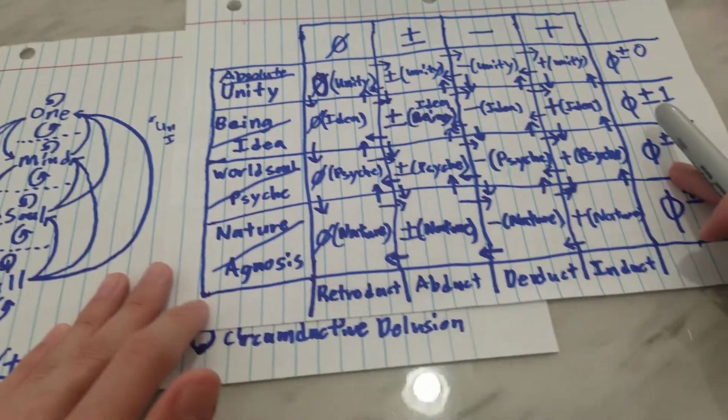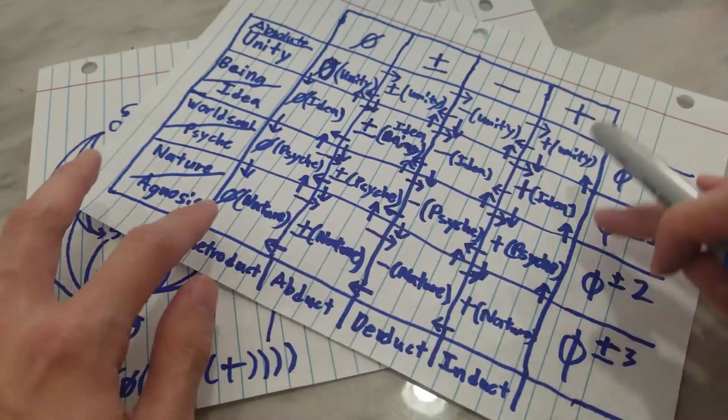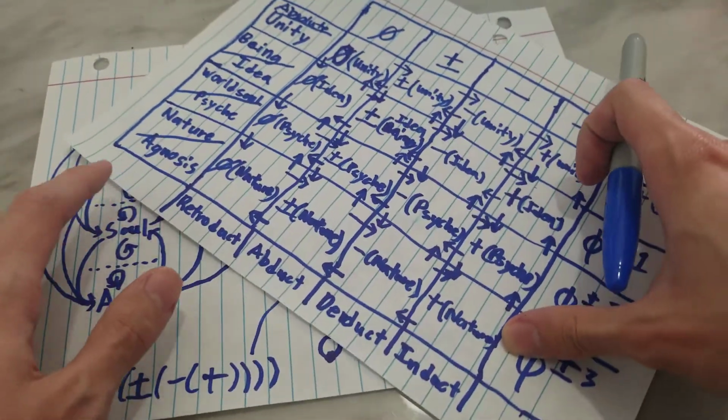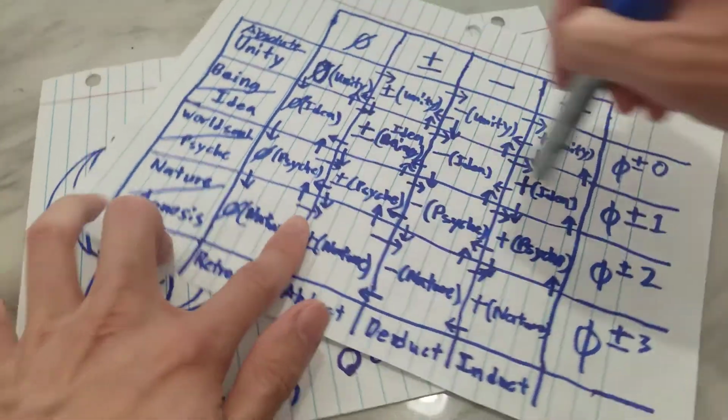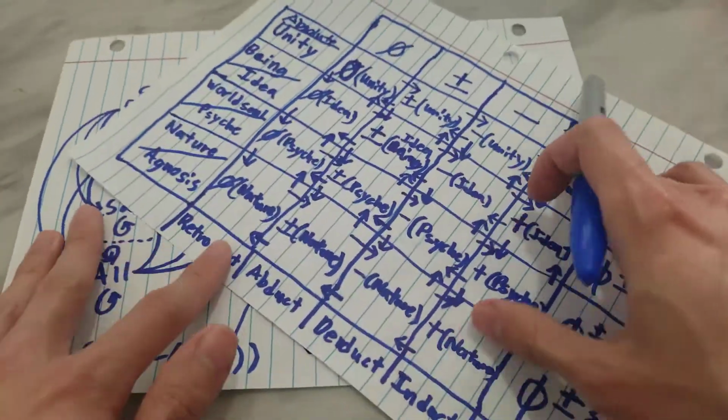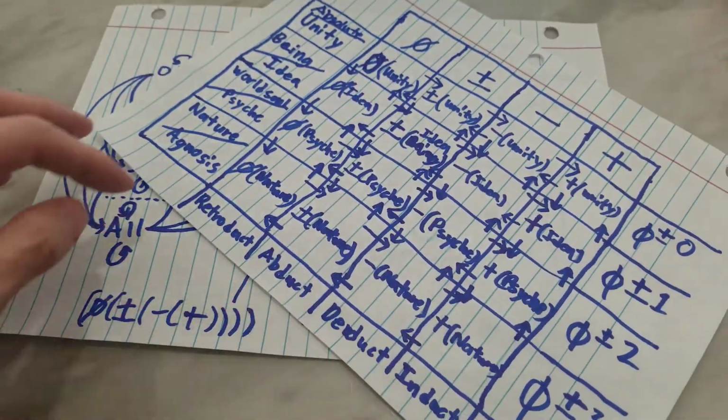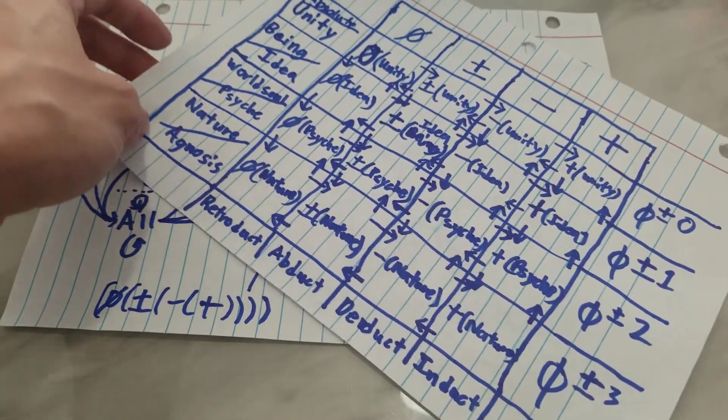So anyways, basically I should make it like that, but I wrote it in the box, but it should be laid out like this.